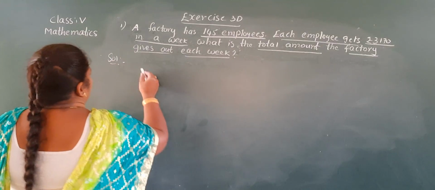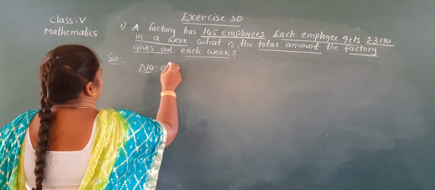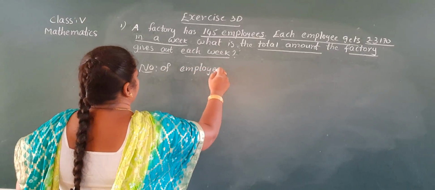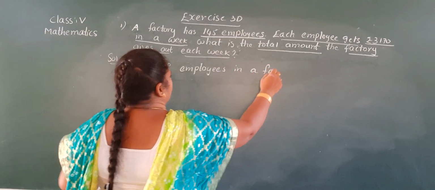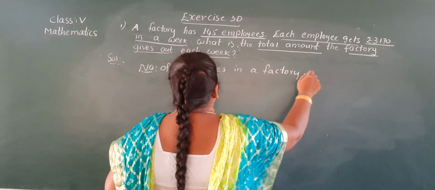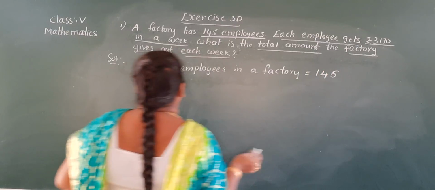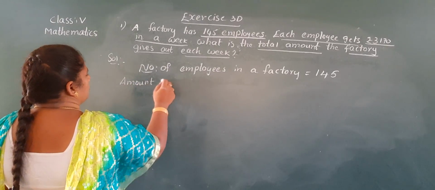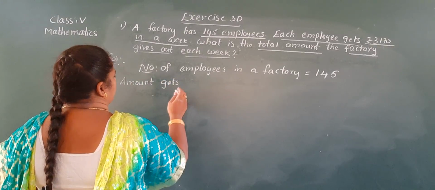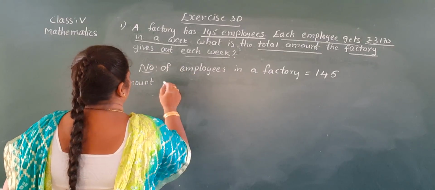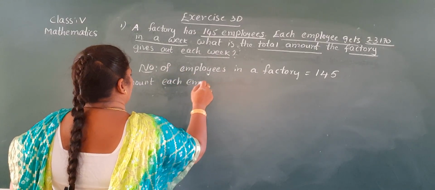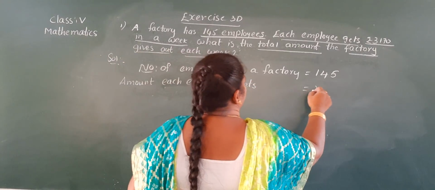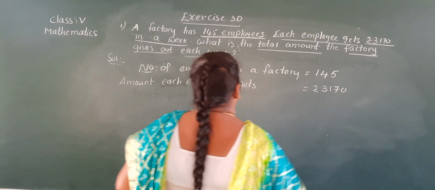First one, number of employees in a factory. Write neatly. 145. So amount each employee gets equal to 3,170 rupees.